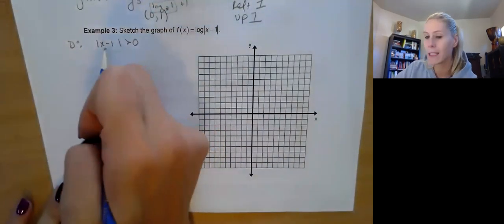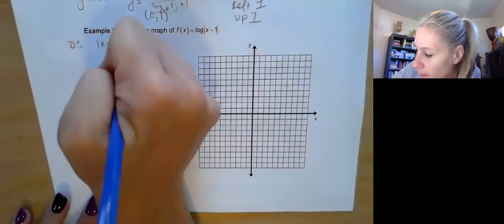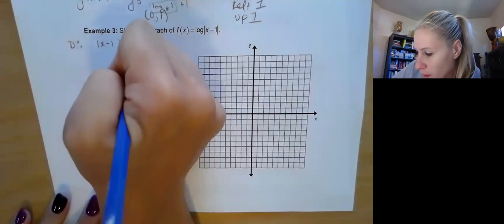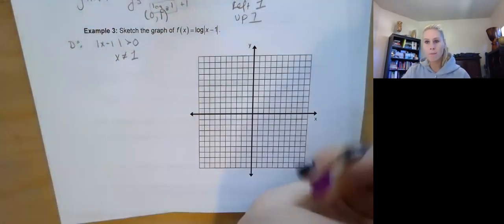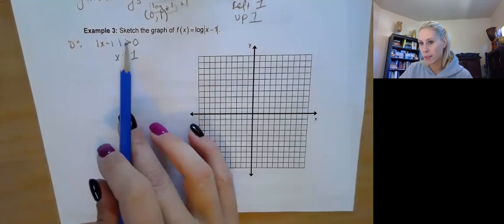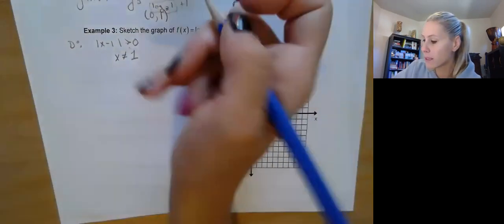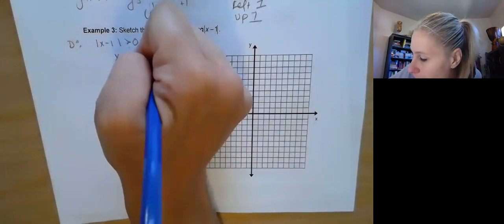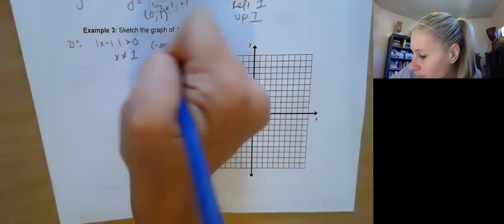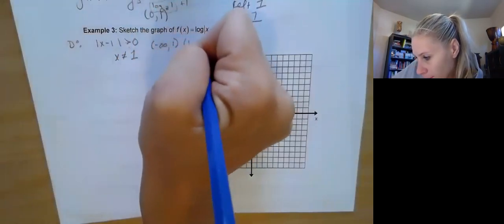So what x value makes it 0? X cannot be 1. Did you guys see that? So we've got to figure out what point does not work. So that means our domain is -infinity to 1 and 1 to infinity.